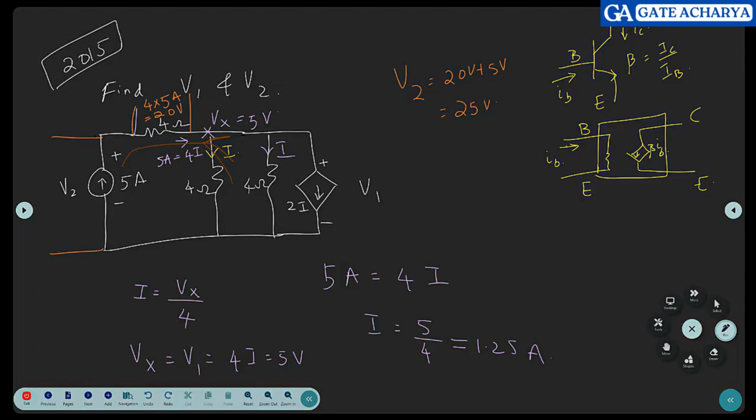So here it will be 5 amps. Afterwards it will divide. How will it divide? 1/4 here, 1/4 here, 2/4 here. I, 2I. So I say that 5 amps equal to I plus 2I.